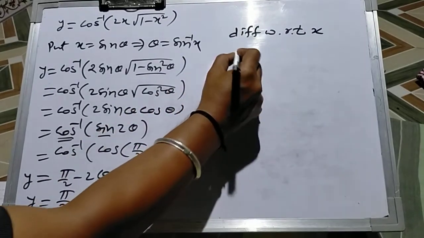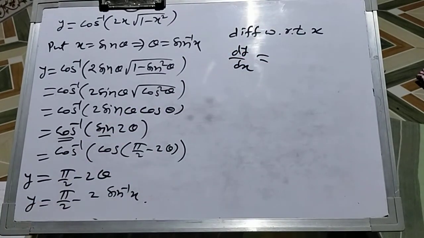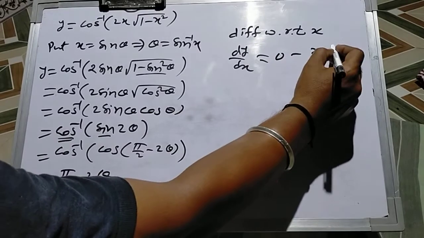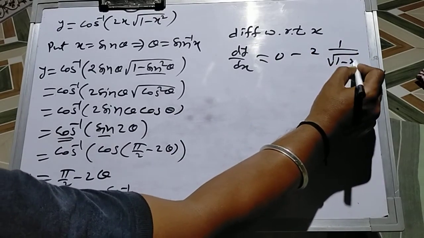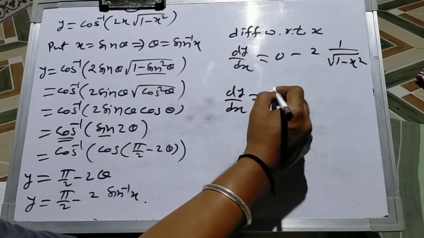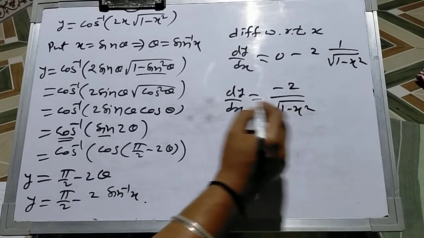So dy by dx is equal to the derivative of pi by 2, a constant term, which is 0, minus 2 times the derivative of sin inverse of x, which is 1 divided by root 1 minus x square. So dy by dx is equal to minus 2 divided by root 1 minus x square.